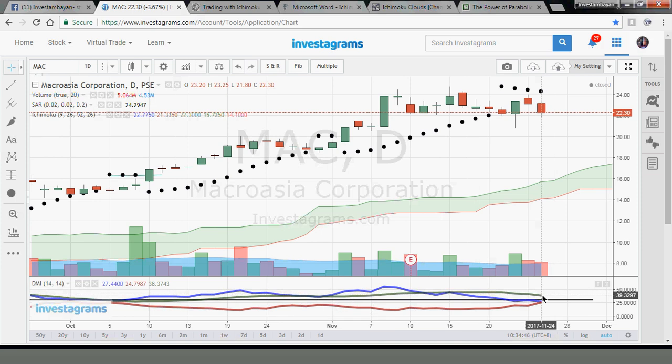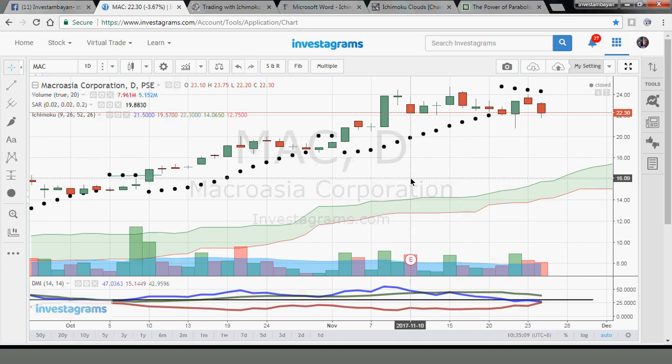So, hanggang uptrend pa siya, ADX above 30, nasa taas pa yung positive directional index, then you will keep it. If it's ranging, tapos nakikita mo dito may selling signal, then you could start to sell the position. Pwedeng in tranches, pwedeng buuhan.